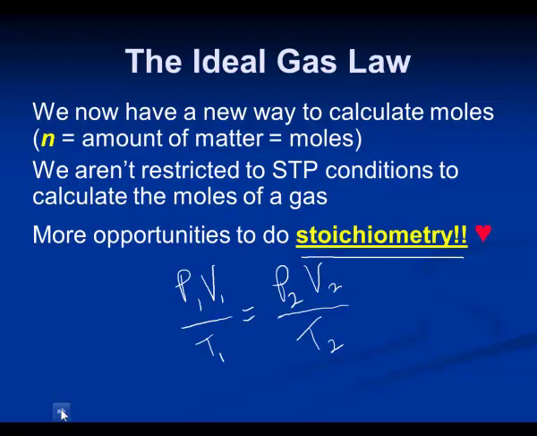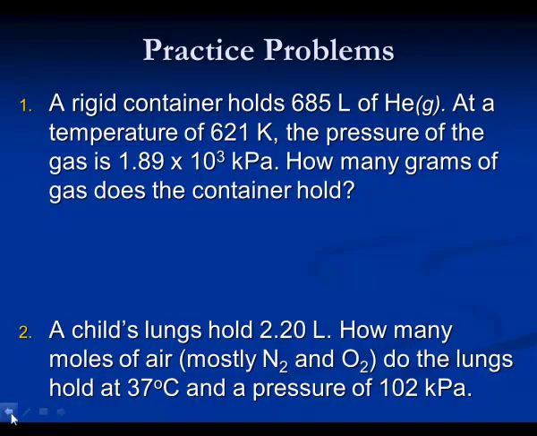And so the ideal gas law combines all three of the values from the different gas laws that we've studied with moles, and gives us a way to get moles into our calculations.